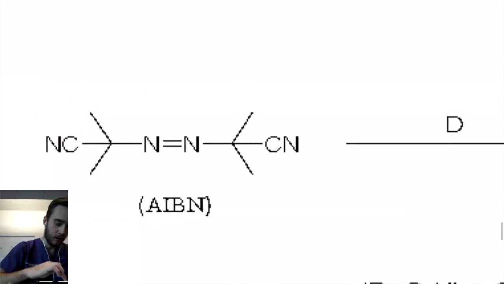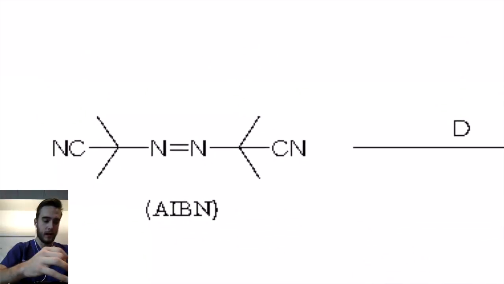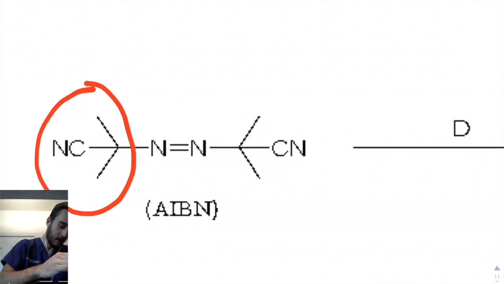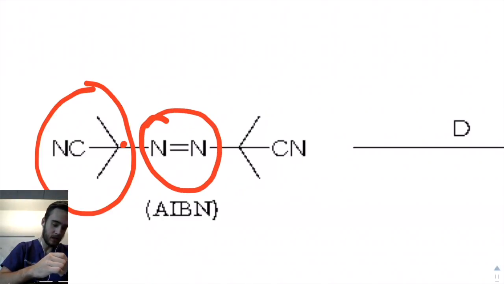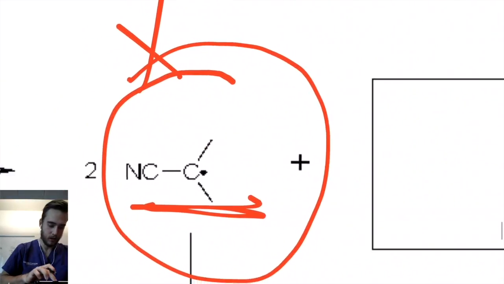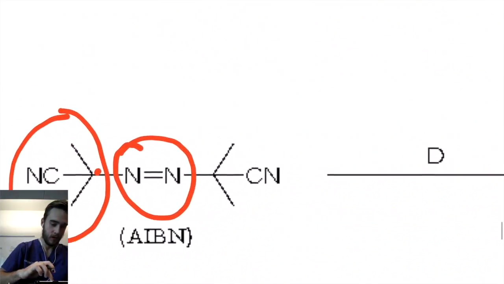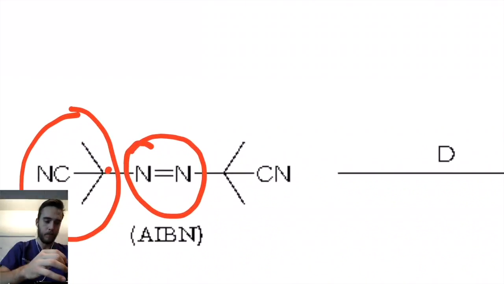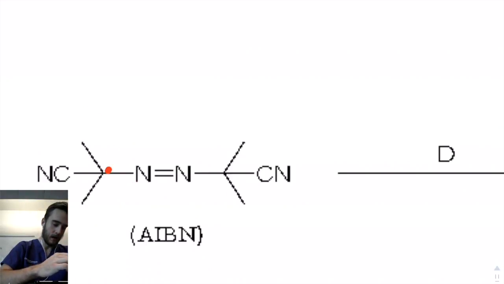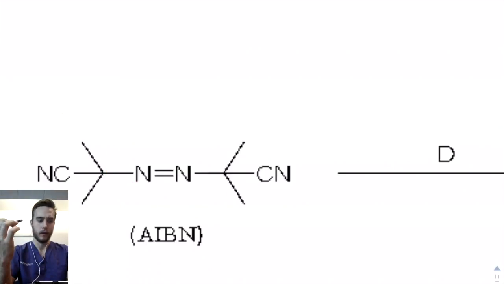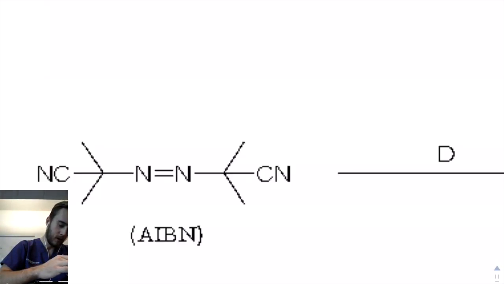So let's take a look at our homolytic cleavage reaction. If what we created was a molecule of this with one free radical, what was left over? Well, just these, right? Because we created two of these molecules, and that means we have left over the nitrogen in the middle. But before we just assume that, let's look at how that reaction happened, okay? So there was homolytic cleavage of this bond.